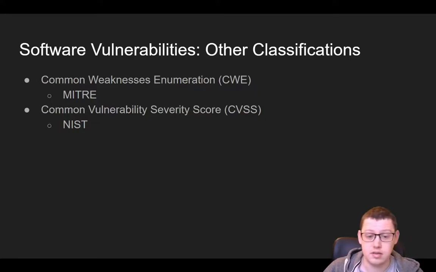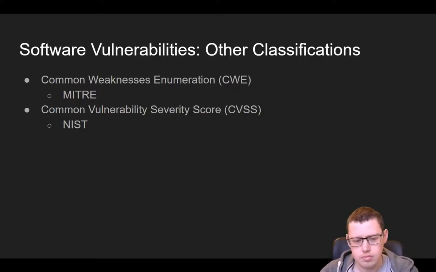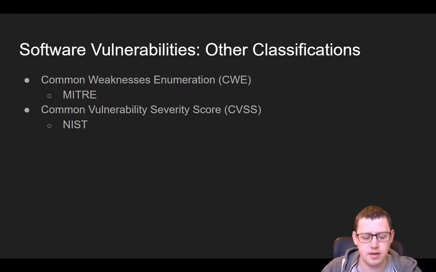NIST also put together a quick, at-a-glance way of identifying how severe a software vulnerability is. They use the Common Vulnerability Scoring System, CVSS, and it can be represented in two ways.